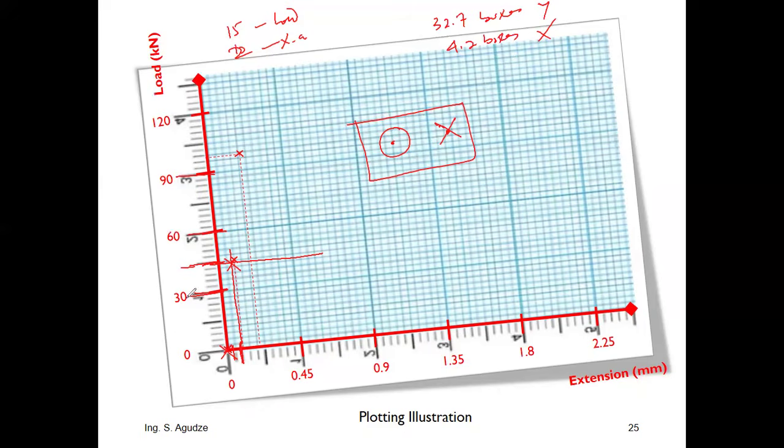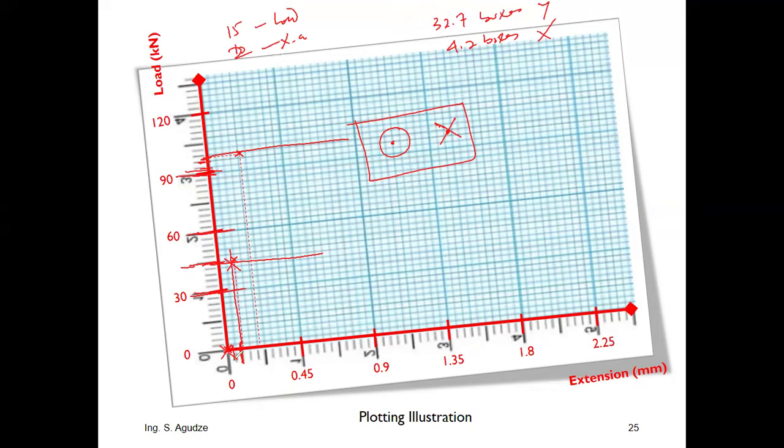Okay, so we know that up to here is 10 boxes. This is 20. This is 30, right? So 31, 32. 0.7 means less than a box, so above the 5 somewhere here, right? So I can have this. And then the 4.2.